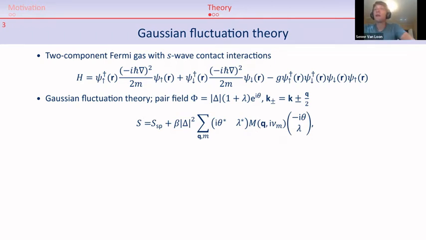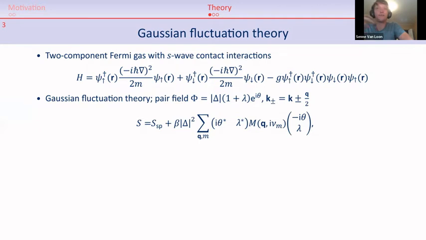And then with this pair field, the effective action you get is intractable. So what is usually done is to expand this pair field around the saddle point. And I do this here in terms of its modulus and its phase.